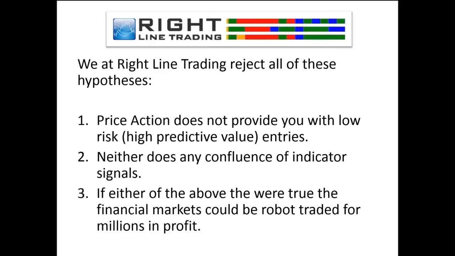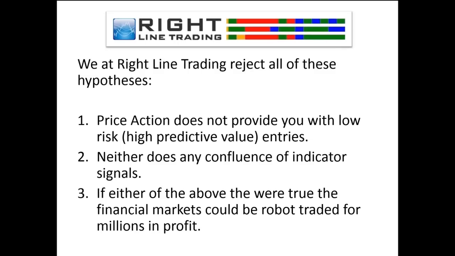But when you analyze them prospectively, they do not produce. Now, if either of the above were true, if some confluence of indicator signals got you into a trade with a very high predictive value, then that signal could be robot traded and you could make millions of dollars in profit.